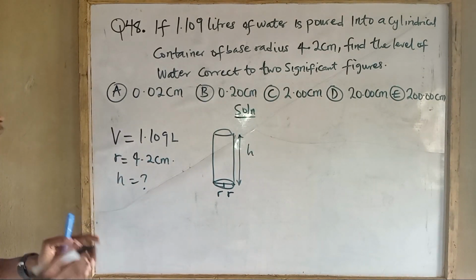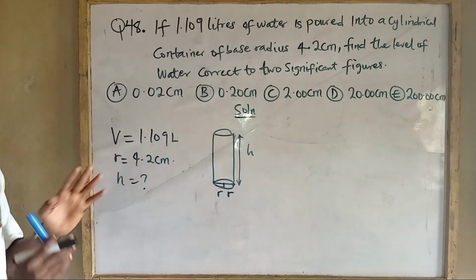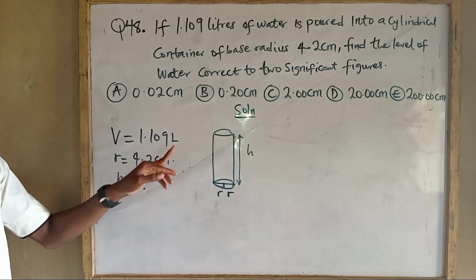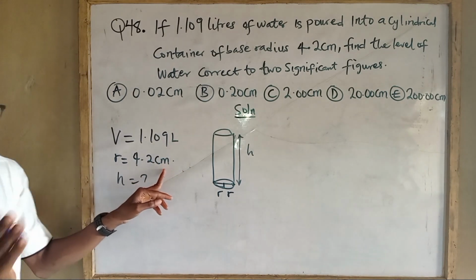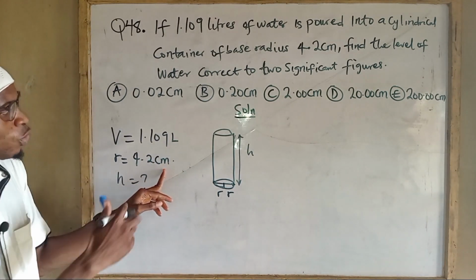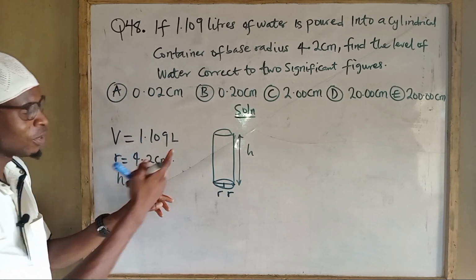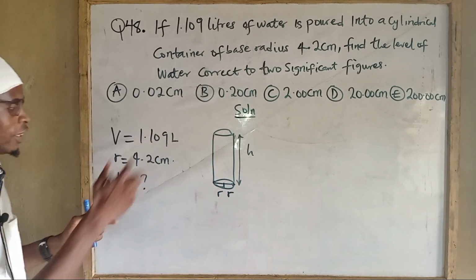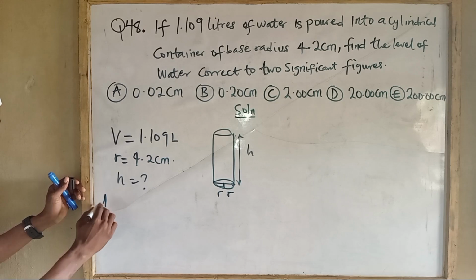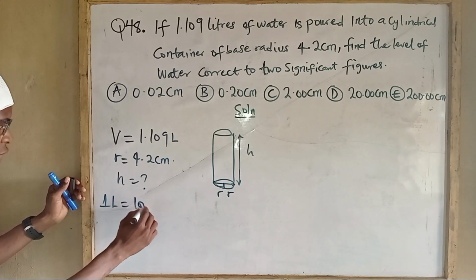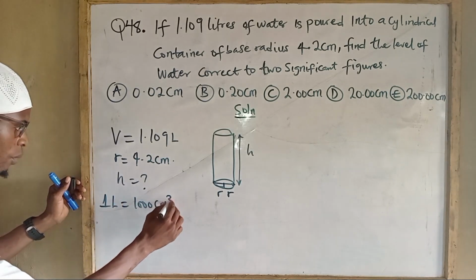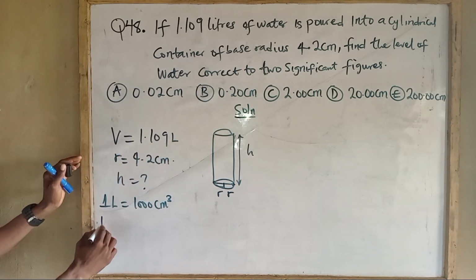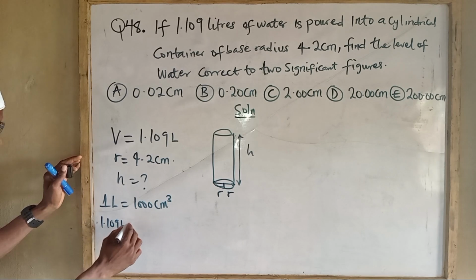Good. So as far as these parameters are concerned, this one is in liters. This is centimeter. It's not possible for you to use it directly. We need to change this one back to centimeter cube, because centimeter cube is equivalent to liters. Now, how do we convert this? Of course, 1 liter is equal to 1000 centimeter cube. So therefore, 1.109 liters will be what?